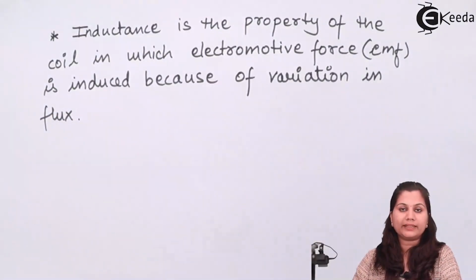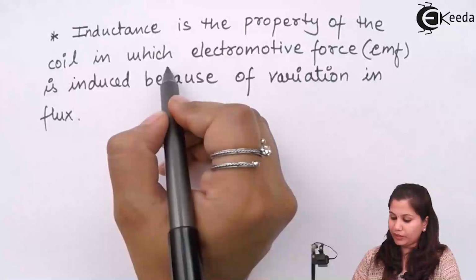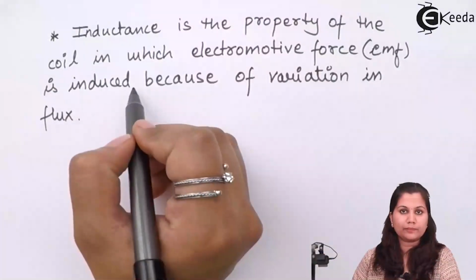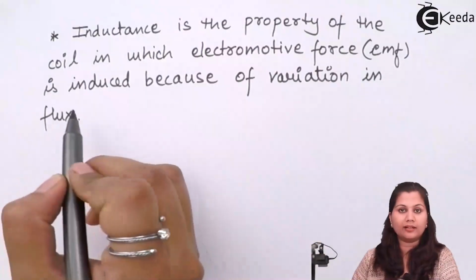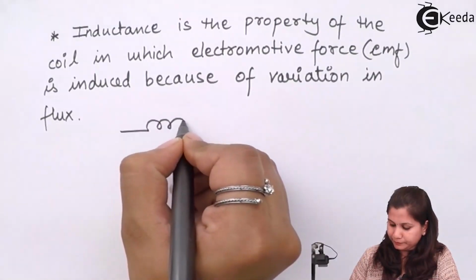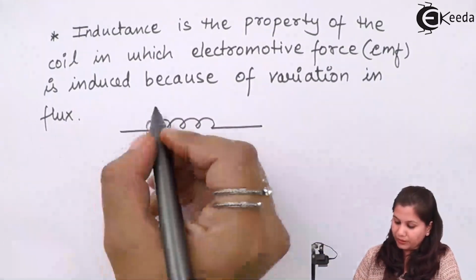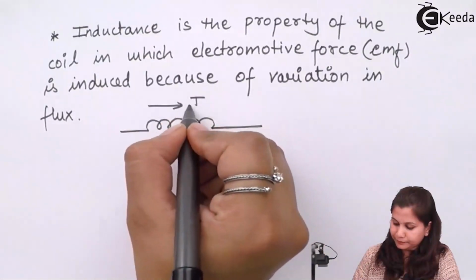We can also define the inductance as the property of a coil in which EMF is induced because of variations in the flux. Suppose that we have a coil, and in this coil the current is flowing.